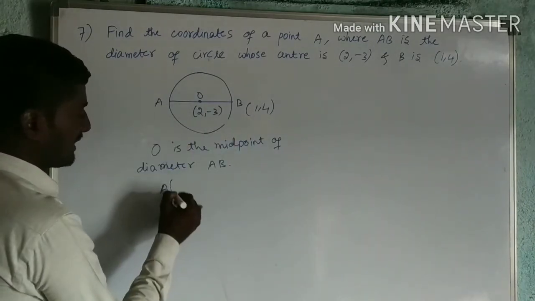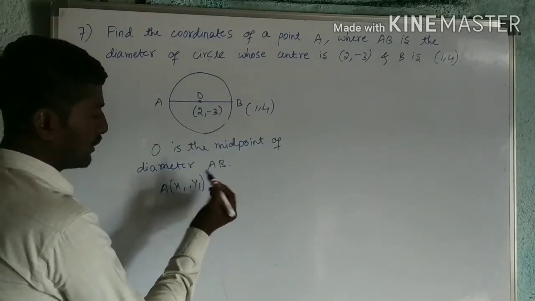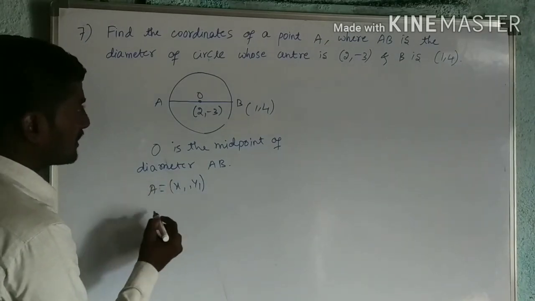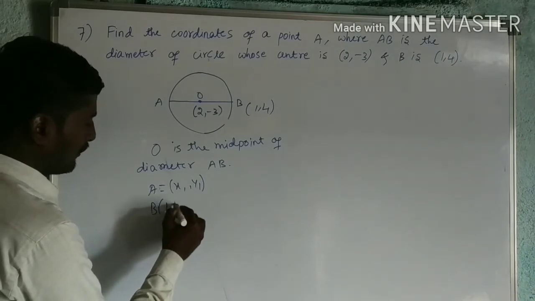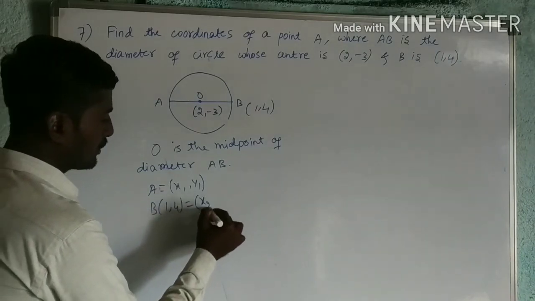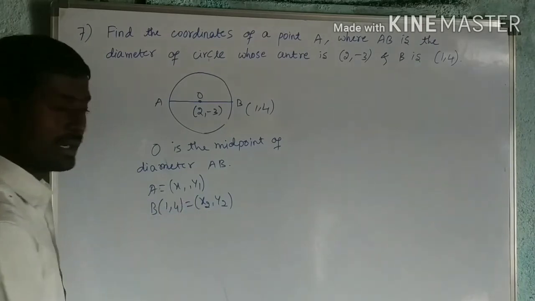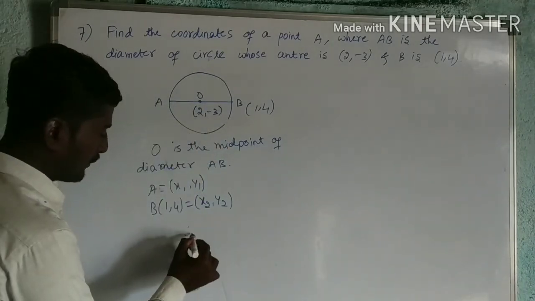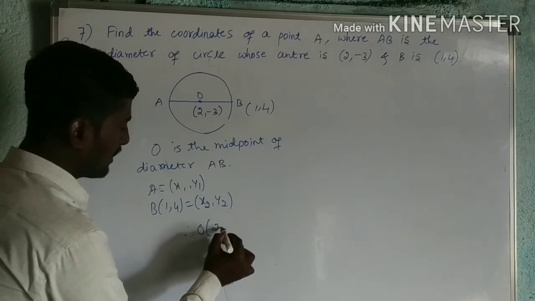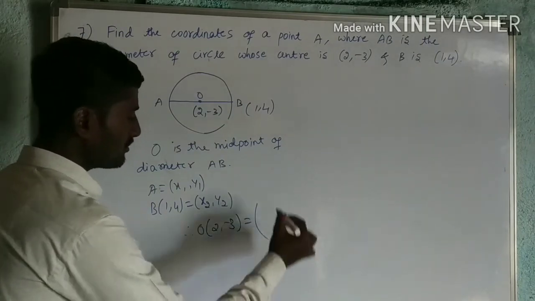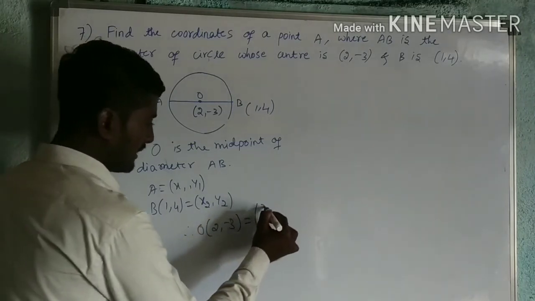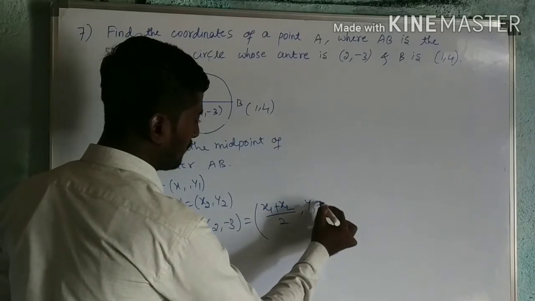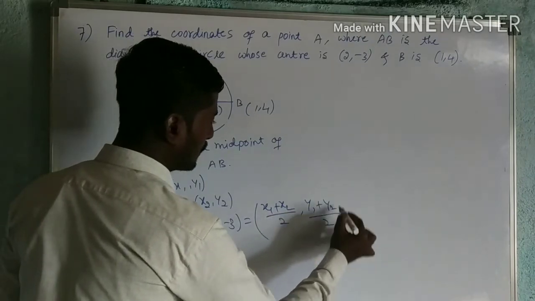So A I will take as x1 comma y1. Unknown. We have to find it. Then B 1 comma 4, this I will take as x2 comma y2. Now O is the midpoint of AB. Therefore O 2 comma minus 3 is equal to, write the formula, that is x1 plus x2 by 2 comma y1 plus y2 divided by 2.